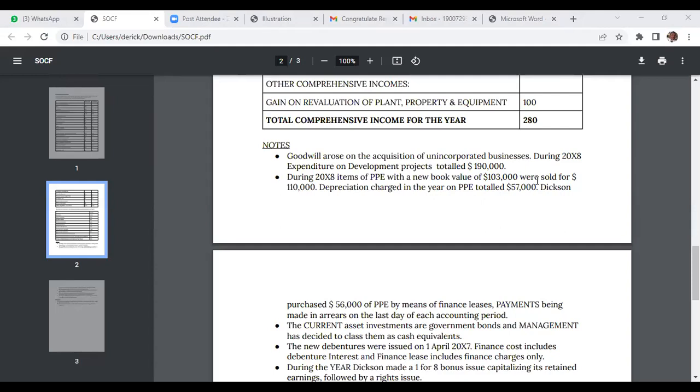So, disposal of PPE items. What was the net book value? What we deduct from PPE is the net book value, the cost less the estimated depreciation that it had at the time of disposal. So what we remove, they gave it to us as 103. It's a minus because we removed it, it's reducing our assets.